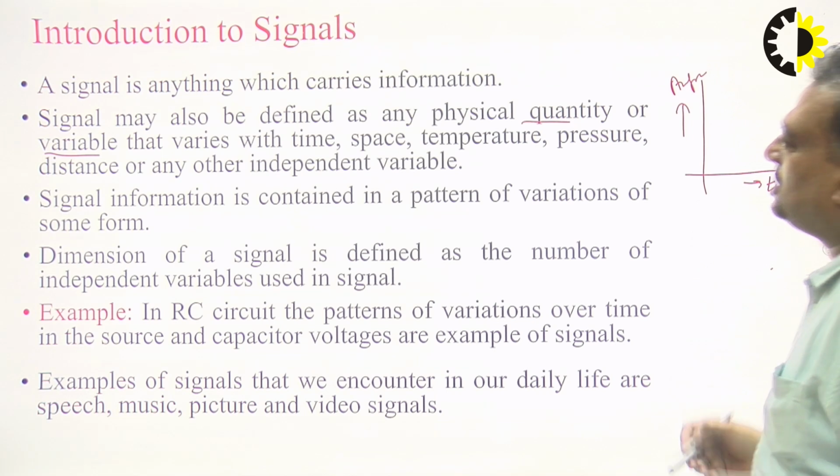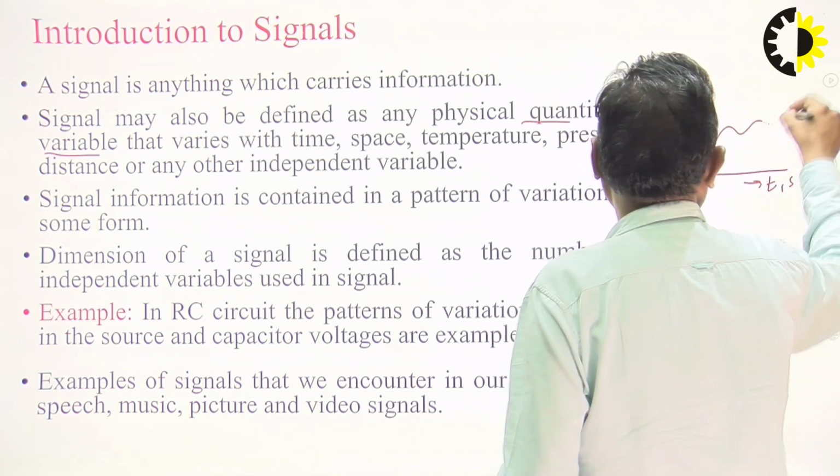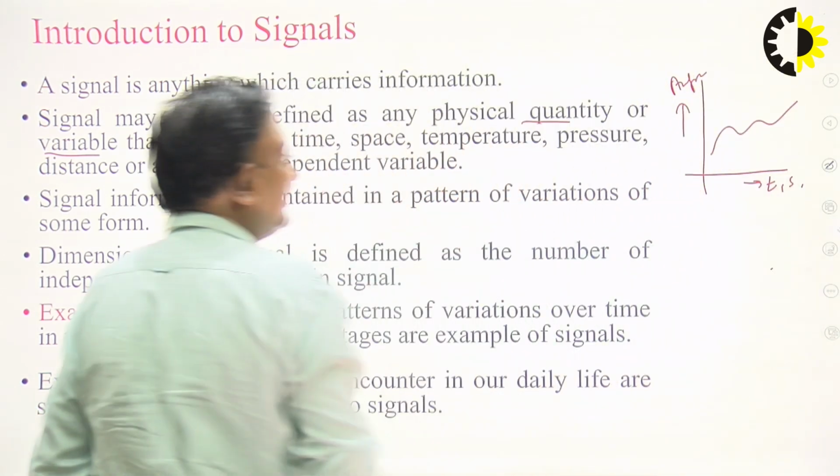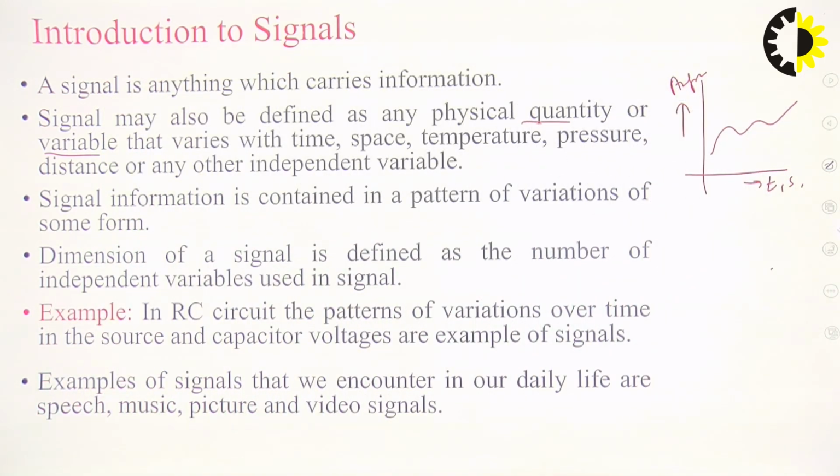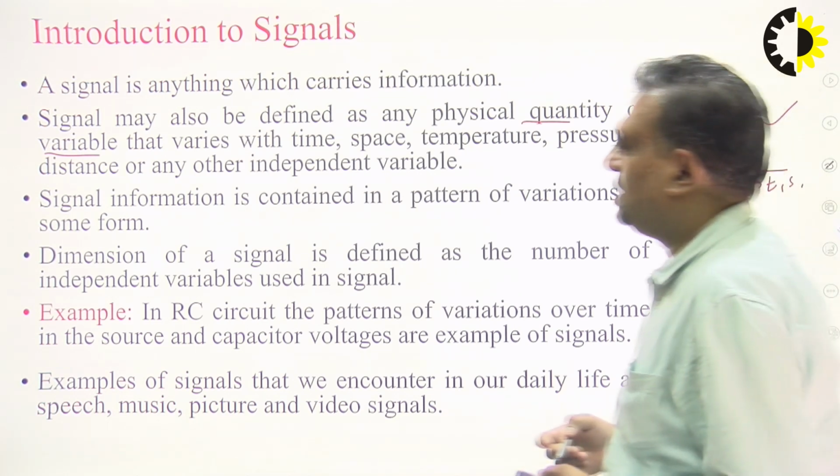Okay, so if we have some pattern between these independent and dependent variables, then we can represent it as a signal. So signal information is contained in a pattern of variations of some form.